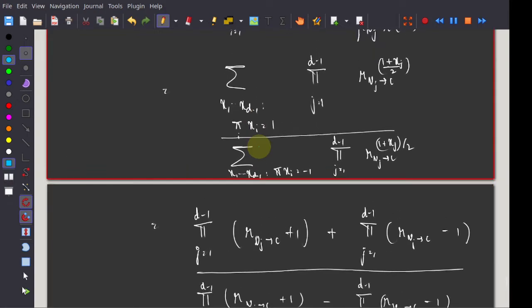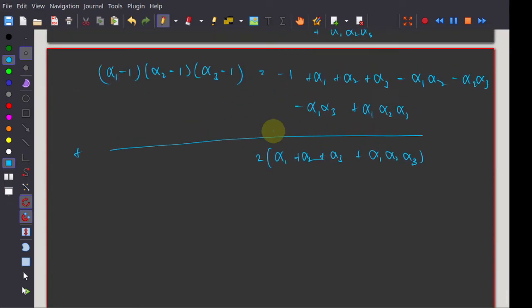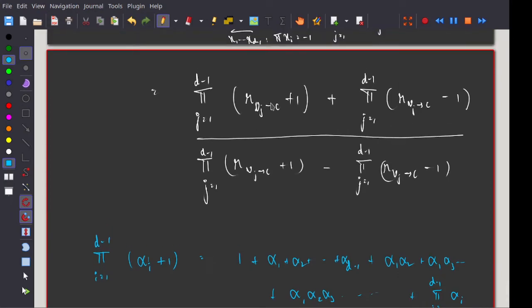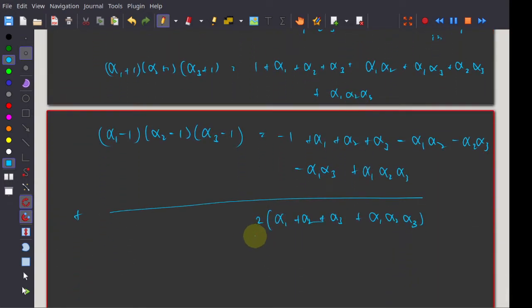I want those xi's for which x1 x2 x3 is equal to plus 1. So if x1 x2 x3 should be equal to plus 1, then an even number of the xi's should be equal to minus 1, correct? That has to be the case. And I'm only keeping the plus 1 elements intact over here. So now, which terms would that correspond to?